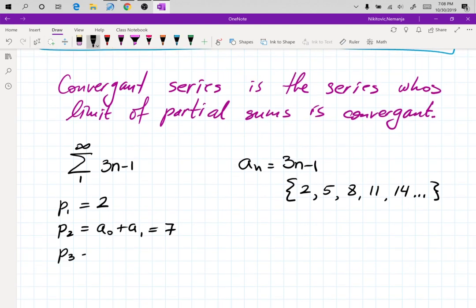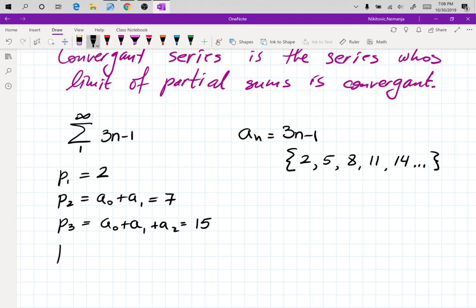Partial sum 3 is a0 plus a1 plus a2, which, when I add all of these numbers, is 15. Partial sum 4 is a0 plus dot dot dot a3, which in our case would be 26.